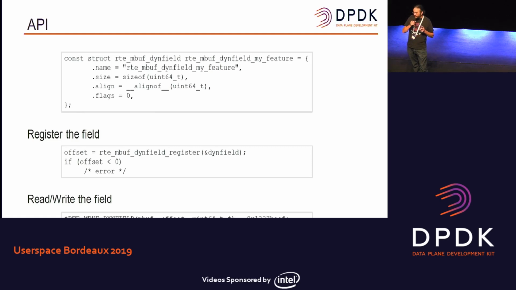I mean, if you register a field once, if you call it again with the same parameters, the same offset is returned. And to access the field, there is a macro which uses the mbuf and the offset that was returned at registration time. And there is a similar API for the flags, of course.